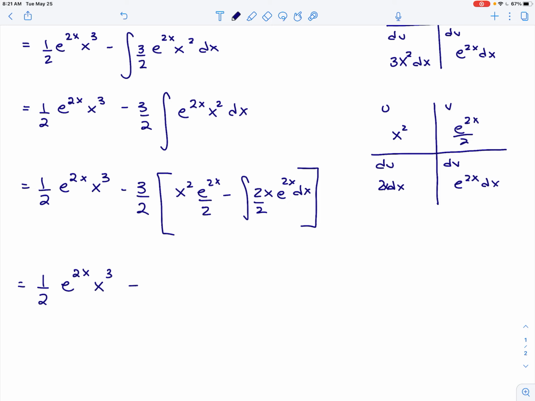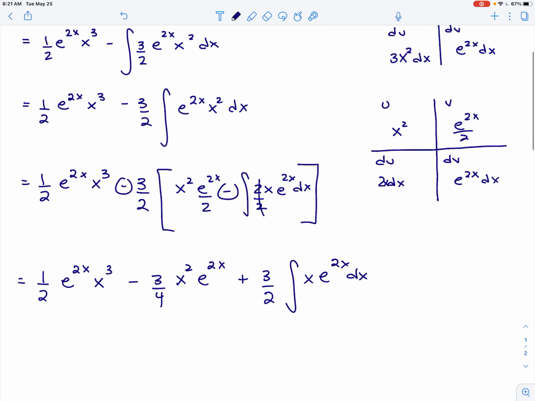So I have minus 3 over 4 x squared e to the 2x, and then plus, that cancels, this minus and this minus give me a plus, and I get 3 over 2, and then x e to the 2x dx.